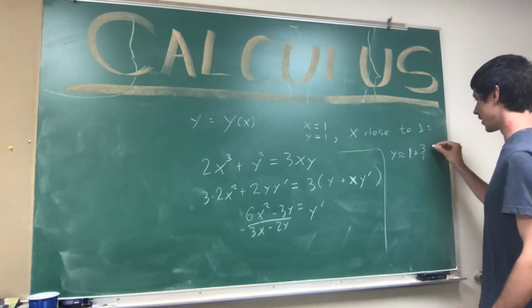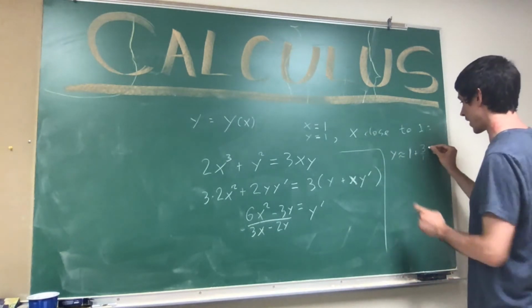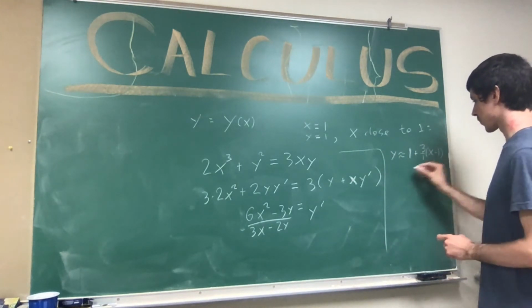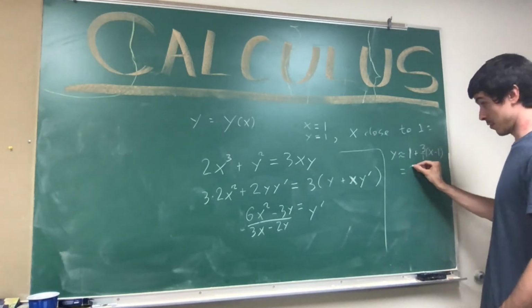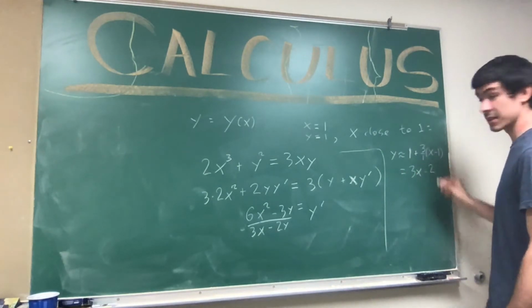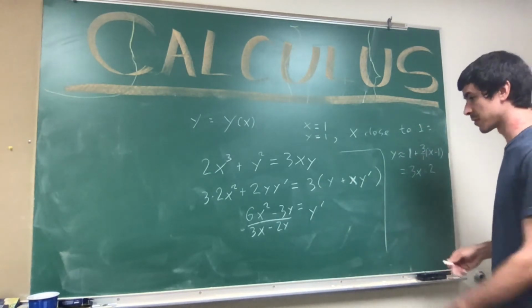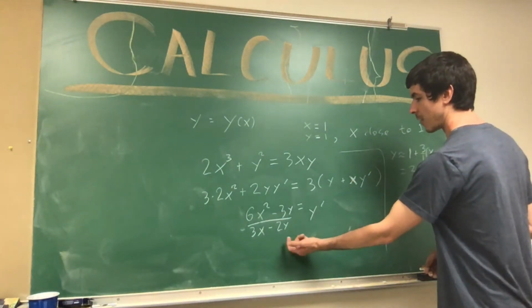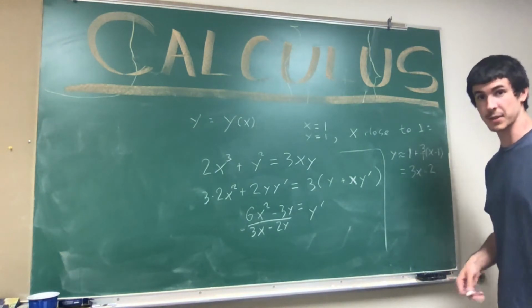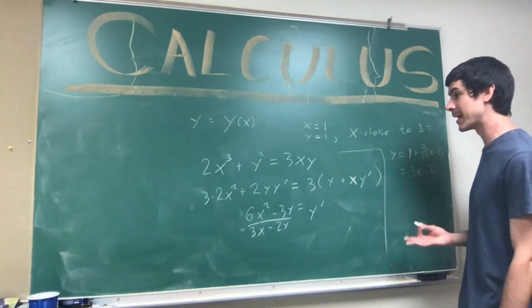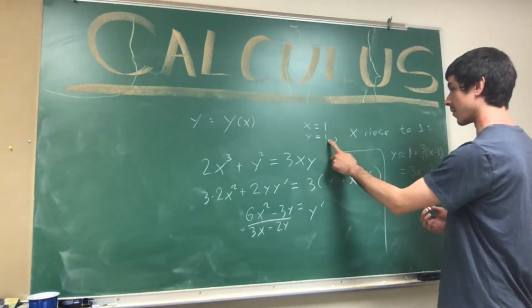So 3 over 1 times x minus 1, or 3x minus 2, as this comes out to be. So that's kind of cool. We can linearly approximate this function without having any clue how y actually explicitly depends on x. We can linearly approximate it near the point 1 and 1.